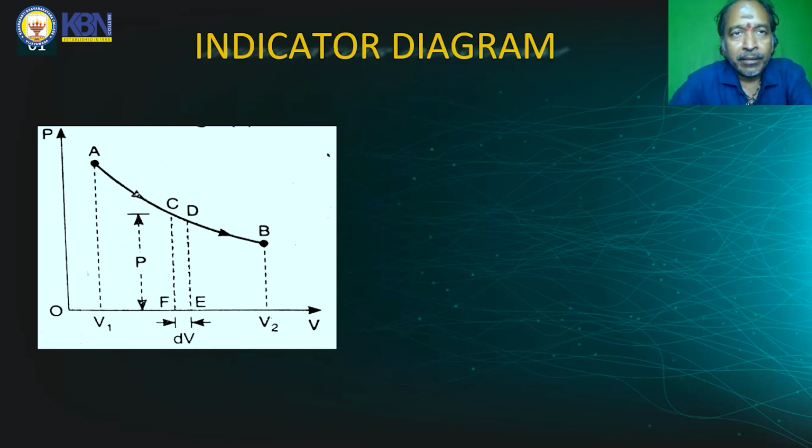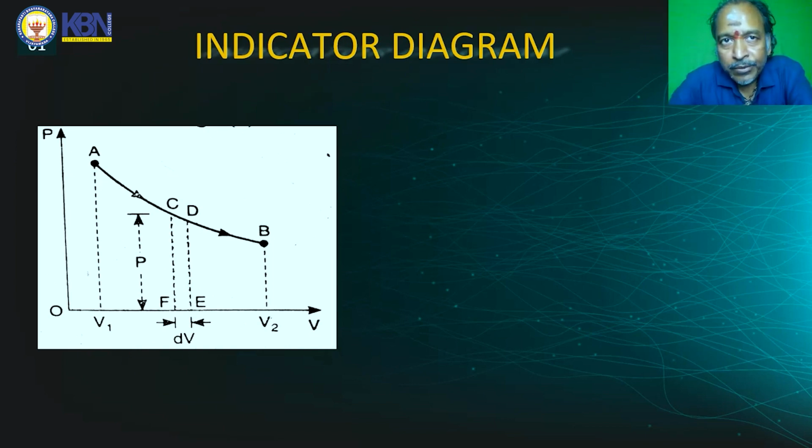Instead, Poisson's equation, PV^gamma is equal to constant, holds good in the adiabatic process, where P is the pressure, V is the volume and gamma is the ratio between the two specific heats.